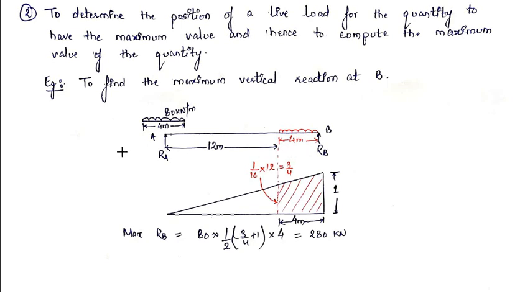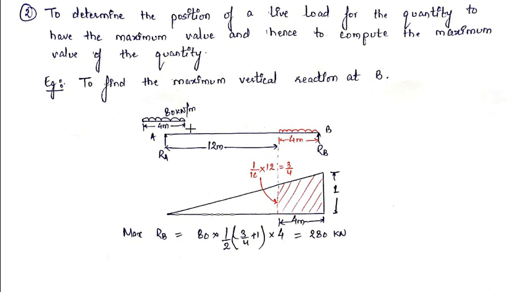On this AB, there is a UDL of 80 kilonewton per meter and 4 meter span, which is moving from A support to the B support. Now you have to find out the value of the maximum vertical reaction at B, that is, you have to find out the value of maximum RB. Now from the first point we came to know that the value of any stress resultant is equal to UDL into the area covered by the UDL.